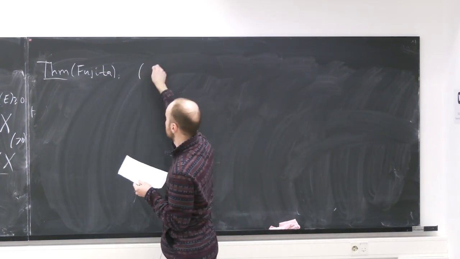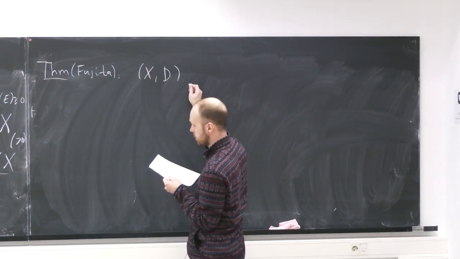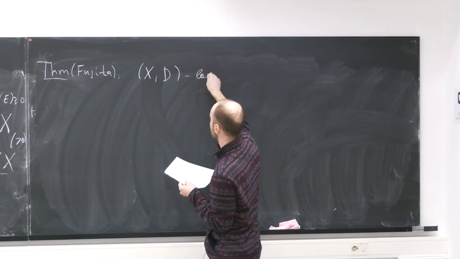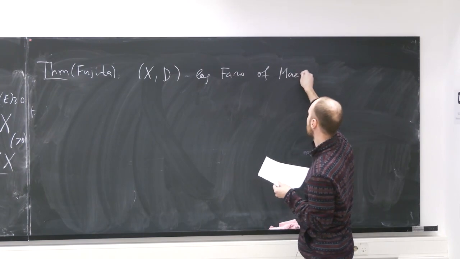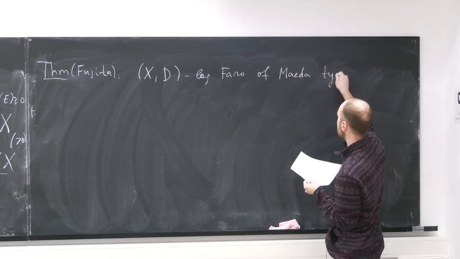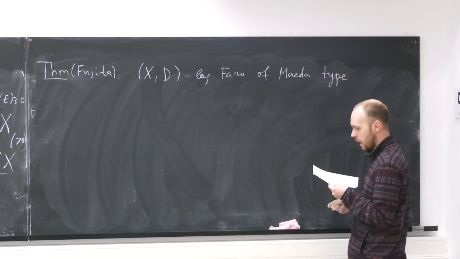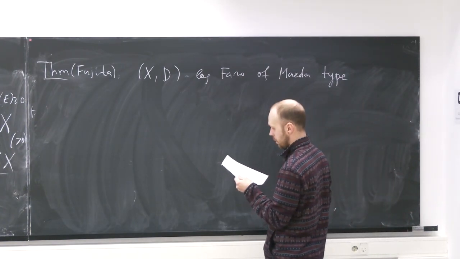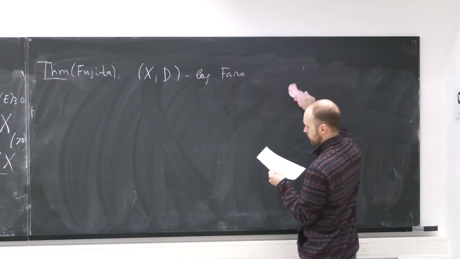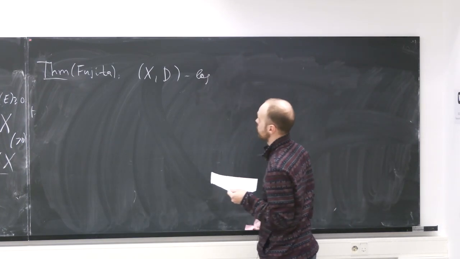So if (X, D) is a log Fano pair of Maeda type, then, or even more generally, so let me state it like this, sorry.